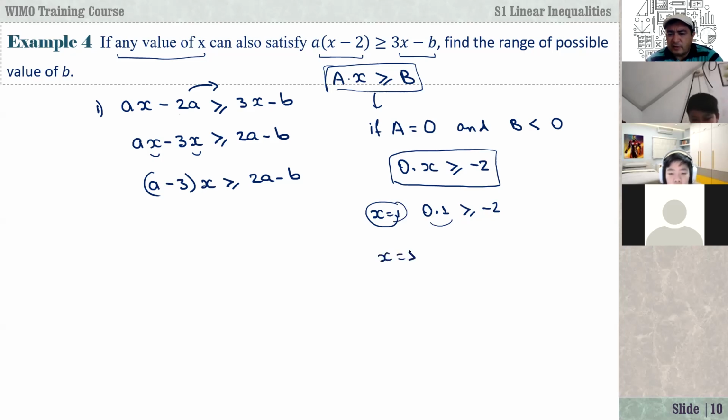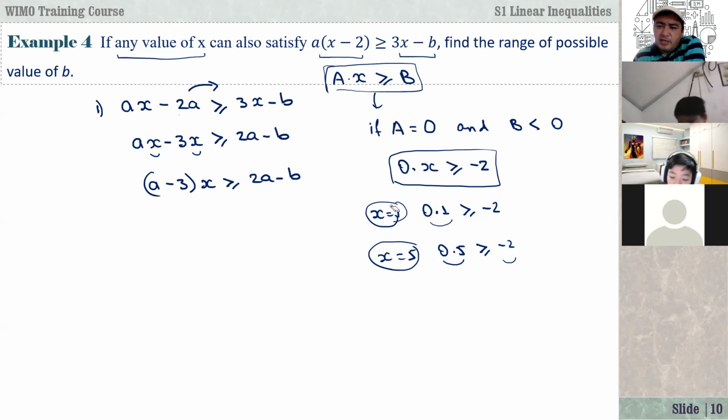Let's say x equals 5. Check this. Here we have 0 times 5 is greater than or equal to negative 2. What is 0 times 5? 0. Is it greater than negative 2? Yes. So whatever you substitute for x, because of the 0, it becomes 0, and 0 is greater than any negative number. So this inequality has infinite solutions.